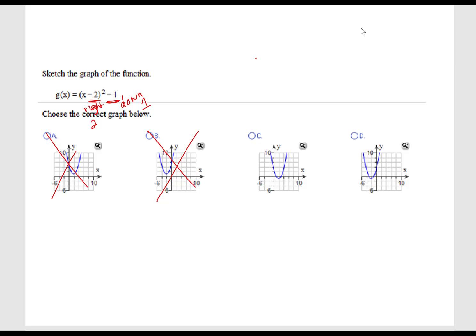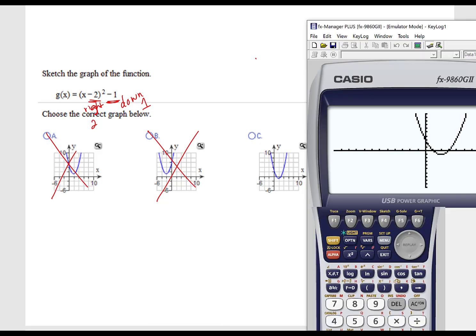And then this one moved left, so I can get rid of it too. So technically you don't even have to graph it, but I think it's just a nice way to confirm. And it might look a little bit different, so it looks a little bit wider on our calculator. It depends on the settings of your window, so be careful of that.